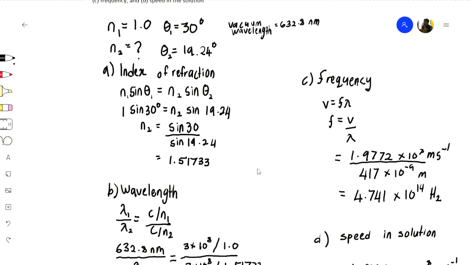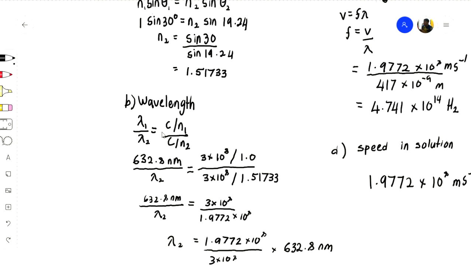Alright, so we complete this question, and then B asks us to find the wavelength. We have the formula lambda 1 over lambda 2 equal to c over n1 over c over n2. c is the speed of light, right? So we just put in all the information that we have. Firstly, we have the wavelength in the vacuum, 632.8 nanometer, over wavelength 2, because we have to find the wavelength in the corn syrup.